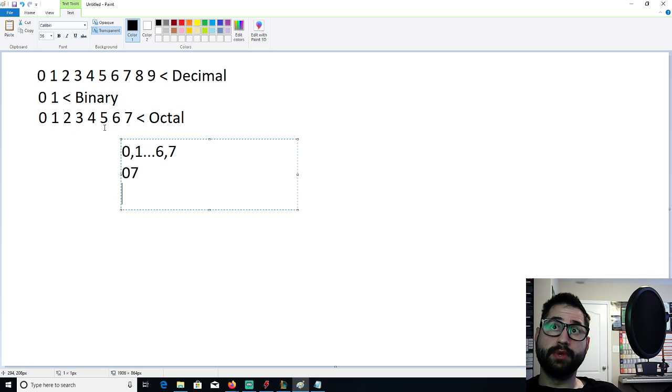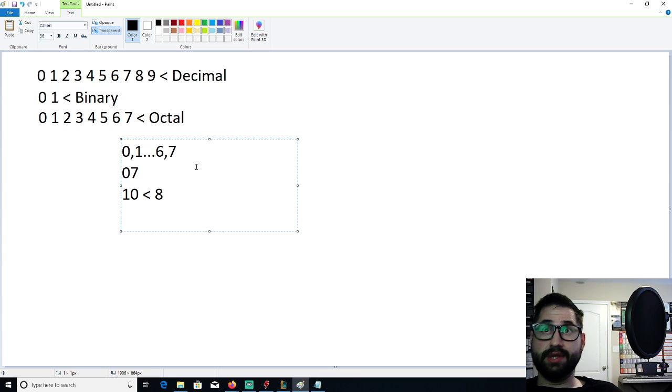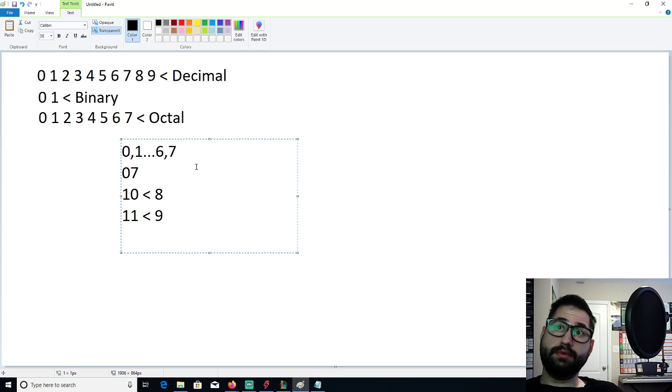What do we do? Well, we're going to do the exact same thing. We need an 8th value. We need to be able to show 8. So what are we going to do? We just take the 0, we increment it, right? So this here in octal is actually 8, right? This in octal is 9.